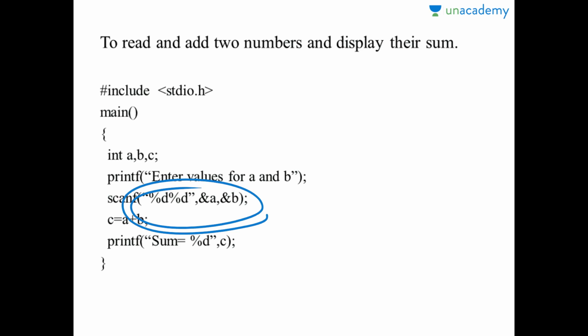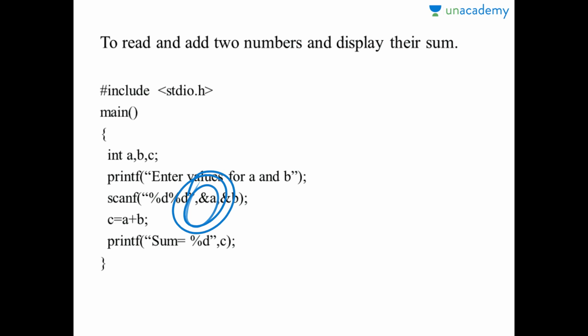Here the double quotes contain %d, which indicates that the scanf function scans two integer type values which are given to variables a and b. The address of these variables is accessed by the address operator, the ampersand. Here we are using the ampersand to access the address of these variables.